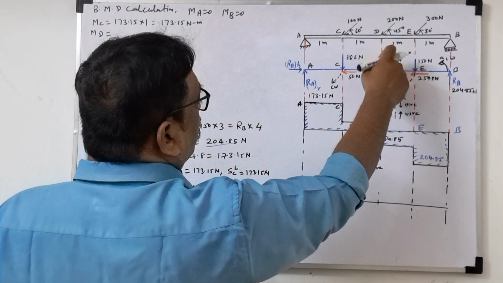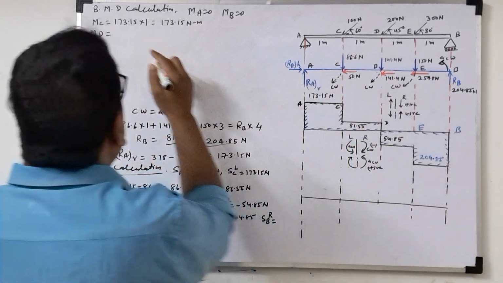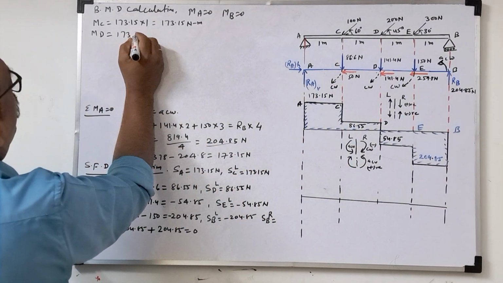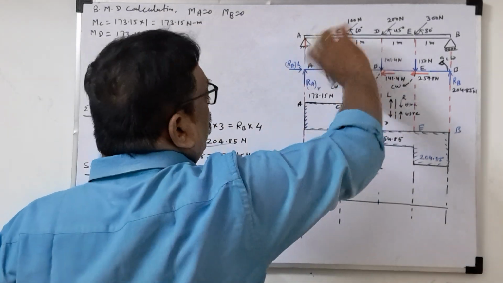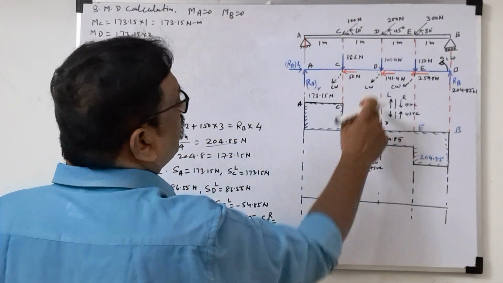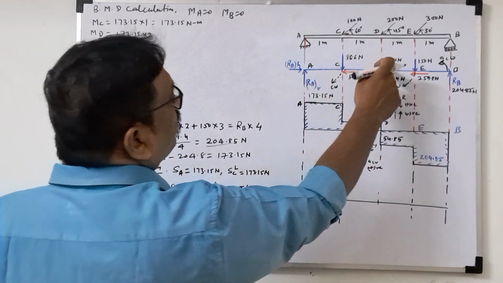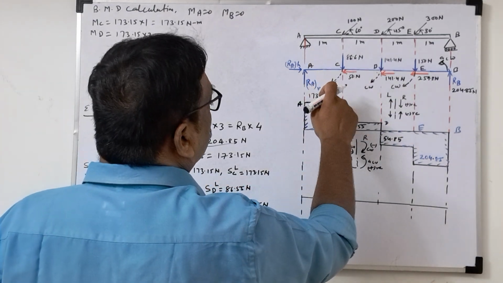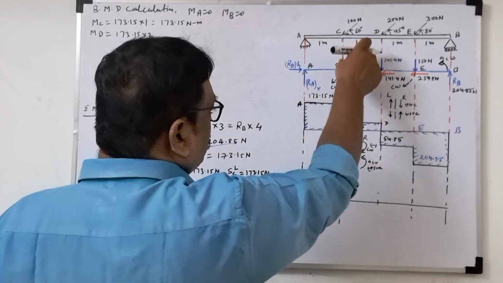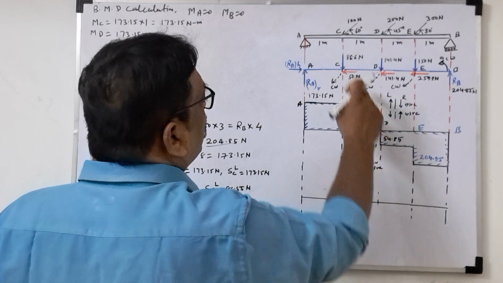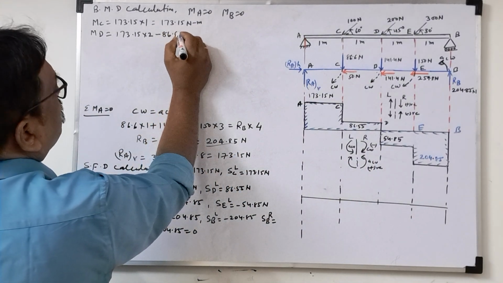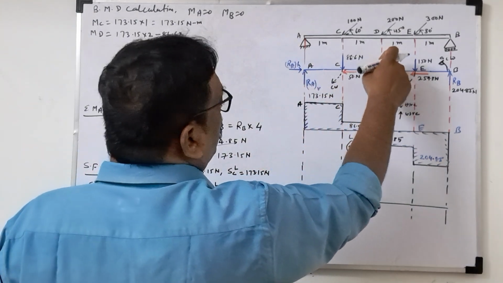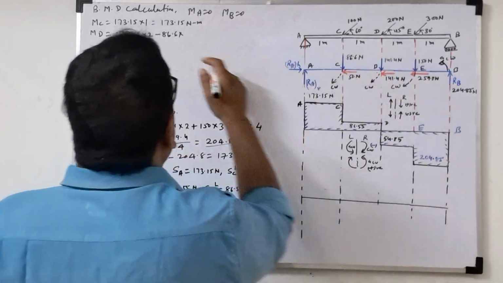Then MD, this point. Again RA, 173.15 into 2, because the total distance is 2, going clockwise is positive from the left side. Now this one is coming anti-clockwise, so negative, minus 86.6 into 1, because we are taking moment about D and this distance is 1.